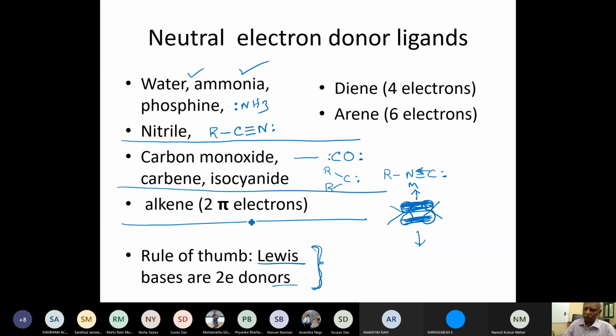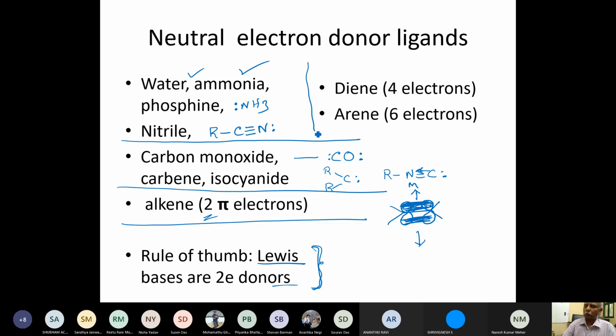So the pi electrons, there are 2 of them, and they are spread on either side of the olefin. They can be used as if it's like a Lewis base. So a rule of thumb is that all these molecules donate a pair of electrons. So they are 2 electron donors.